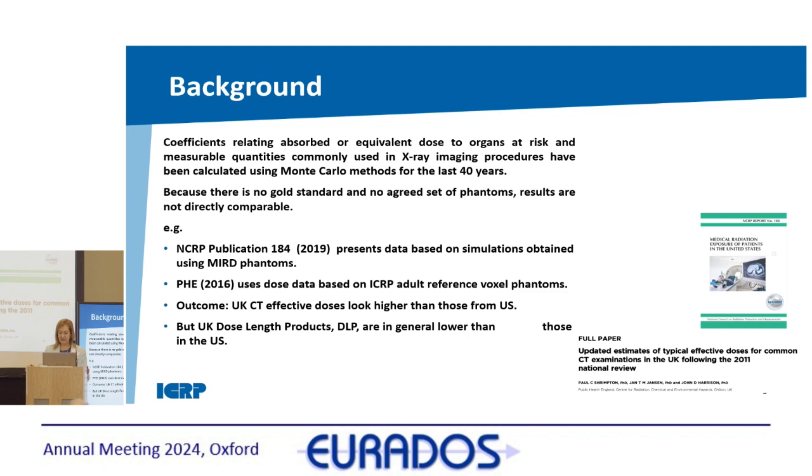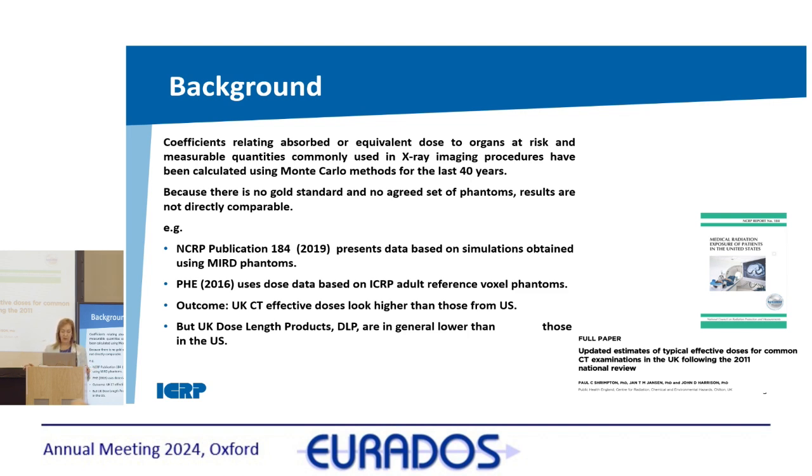Just to give you an example, in 2019, in a publication of the National Council of Radiation Protection in the US, effective doses for CTs were presented, and these effective doses were based on simulations obtained with MIRD-type mathematical phantoms.